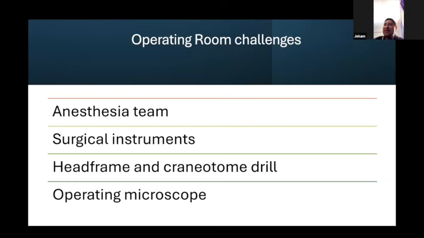Another challenge is that we didn't have microsurgical instruments, so we had to bring our own. We also didn't have a head frame or a craniotomy drill. So we were taping the heads of the patients to the operating table in determined positions, and we could work with that. Luckily, the patients didn't wake. For the craniotomy, we were using very, very old instruments. I will show them in the next slide.